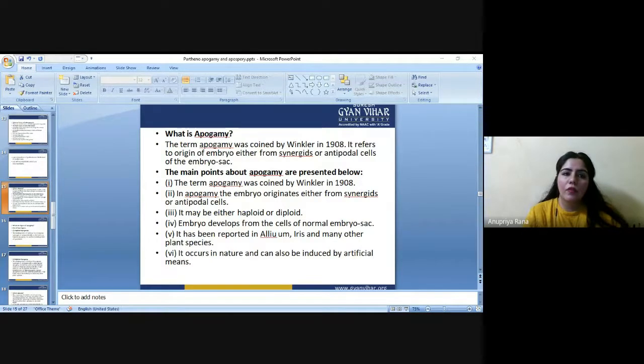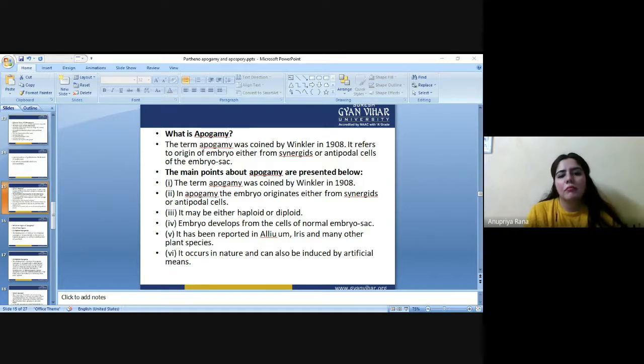But in apogamy, the embryo is formed either from the synergid or from the antipodal cell. That can be the choice of the embryo, what it wants to form. Both cells can take part in the formation of the embryo in the apogamy method.